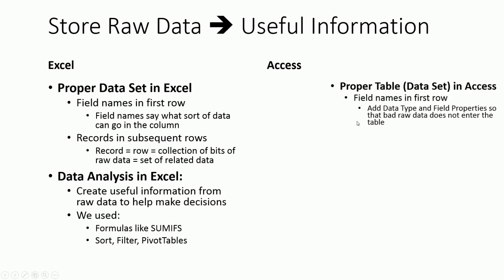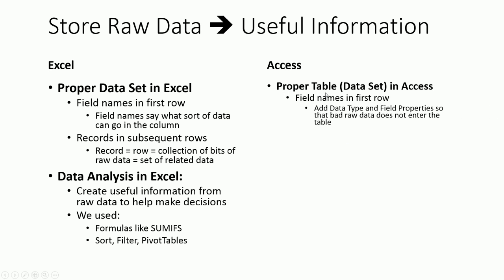Now, in Access, we're going to have a proper table, what we called a proper data set over in Excel, but a table. The heart of any database is a table. That's where you store the raw data. Of course, field names will be in the first row. However, over in Access, we're going to have more robust ways of saving that raw data. We're, in fact, going to add safeguards or data validation to make sure that bad data doesn't go into our database.